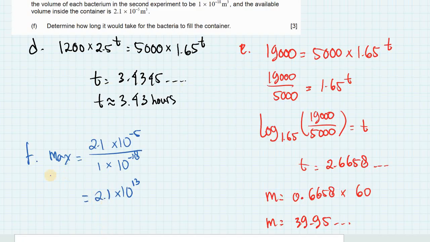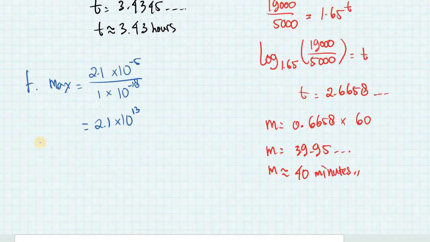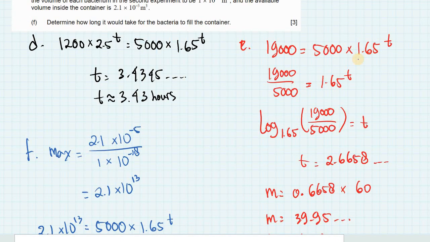So we will input this. Same method as question E. It's just the number of bacteria, now 2.1 times 10 to the power of 13. So we will have 2.1 times 10 to the power of 13 equals, what was that? 5,000 times 1.65 to the power of t. Okay, cool, correct.